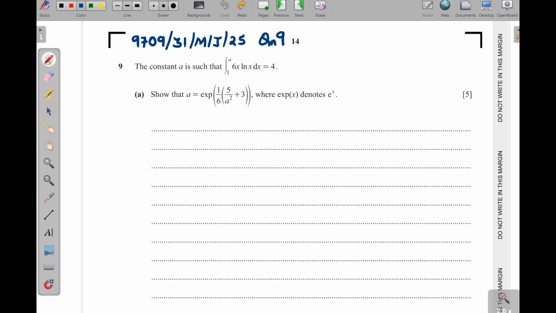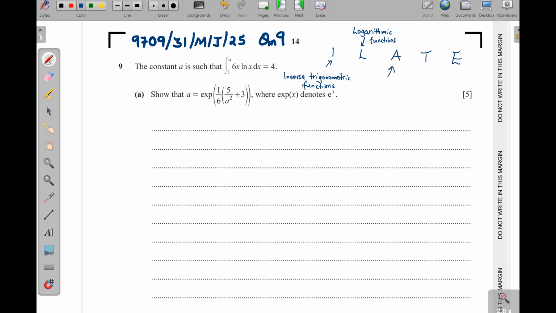You use this acronym, ILATE. Now, I here means inverse trigonometric functions. Then L here means logarithmic functions.